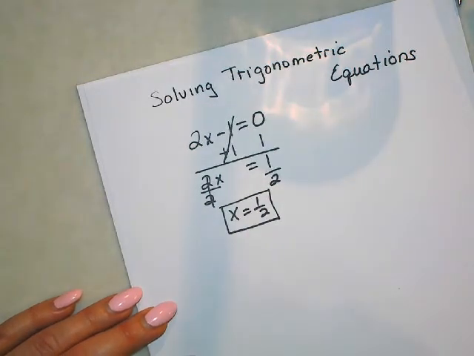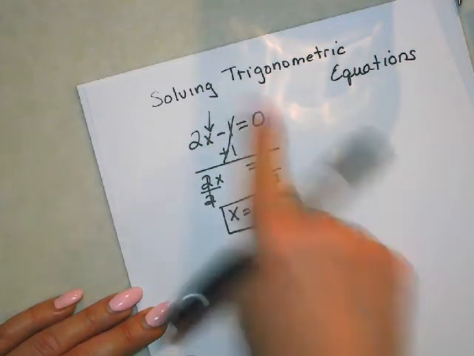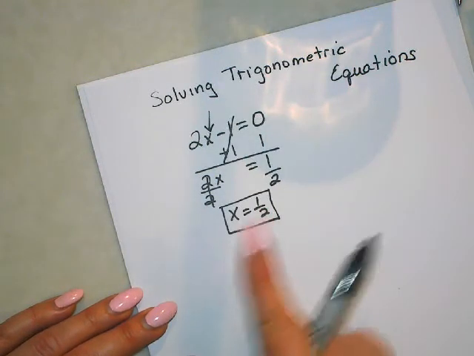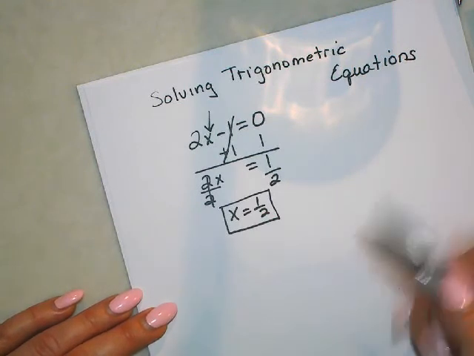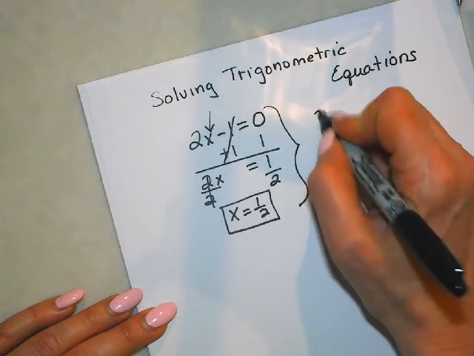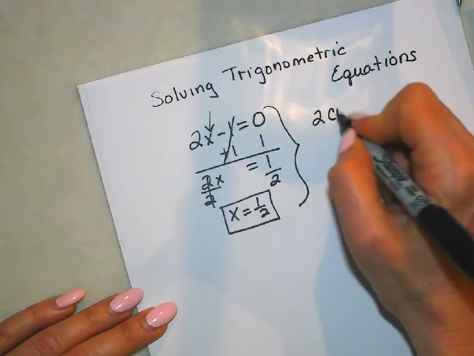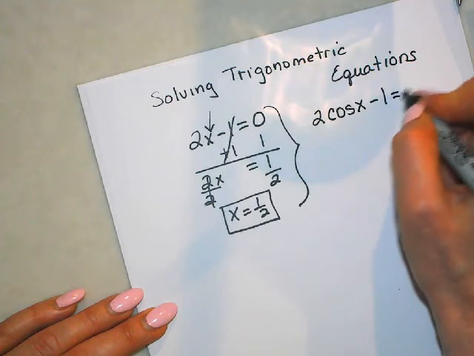With the exception, I'm going to add a word in place of the x. But if you can solve this equation and any equation like it, you can do trigonometric equations. So how about I rewrite this equation: 2 cosine of x minus 1 equals 0.